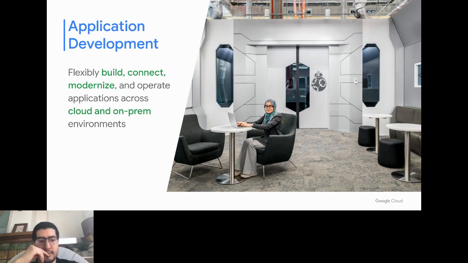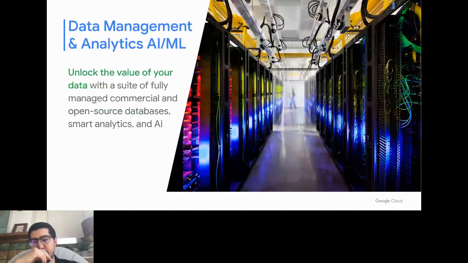And then there's data management and analytics, which includes artificial intelligence and machine learning. This is really one of Google's big strengths, where, as most people are familiar with in our consumer products, we've developed things like Vision AI, which is the back end for things like Google Lens.